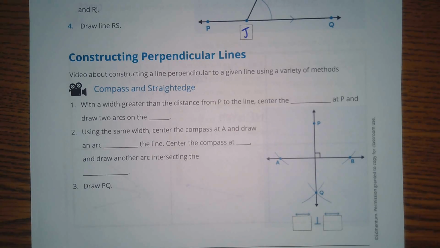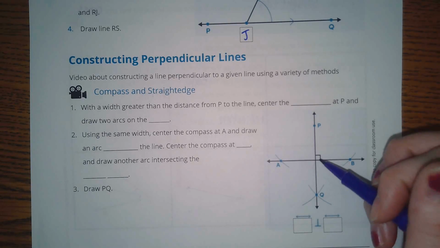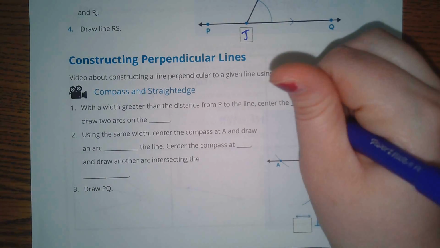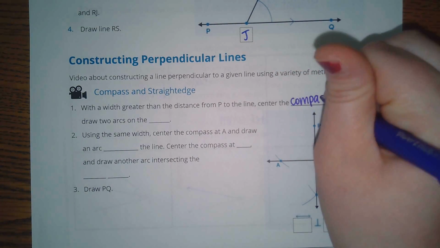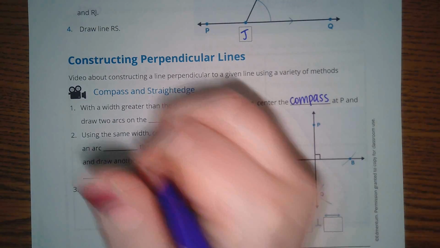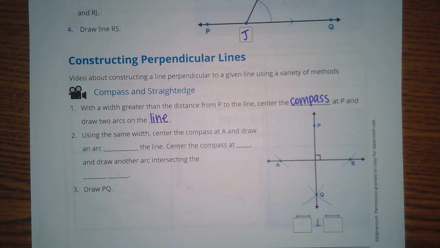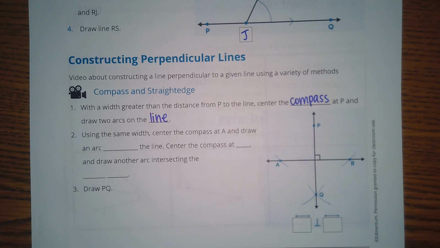So the first step I'm going to do is, using a width greater than the distance of P to the line, I'm going to center the compass at my point P, and I'm going to draw two arcs on the line. Now I want to use my compass with the same width.